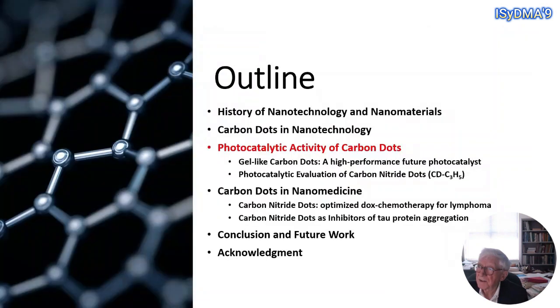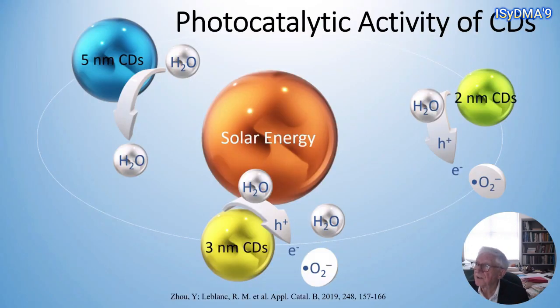So the next slide is related to the photocatalytic activity of carbon dust, and we'll look at two types, the gel-like carbon dust and carbon nitride dust. On the next one, we know that if we use a sunlight simulator for the solar energy, and we look at different sizes, 2 nanometer, 3 nanometer, and 5 nanometer, we find that there is, of course, formation of holes and also electrons.